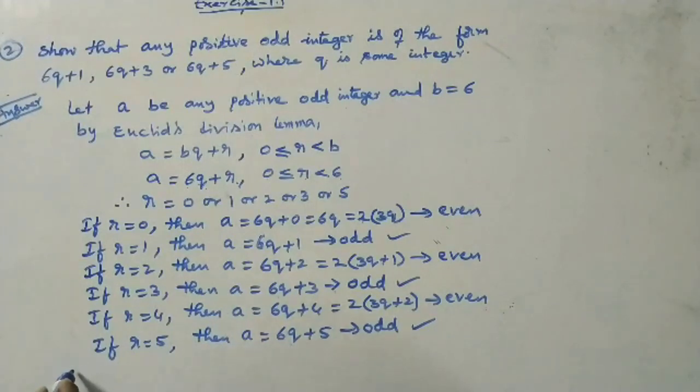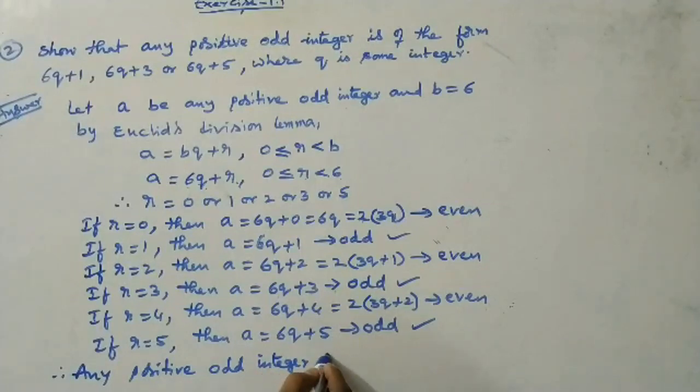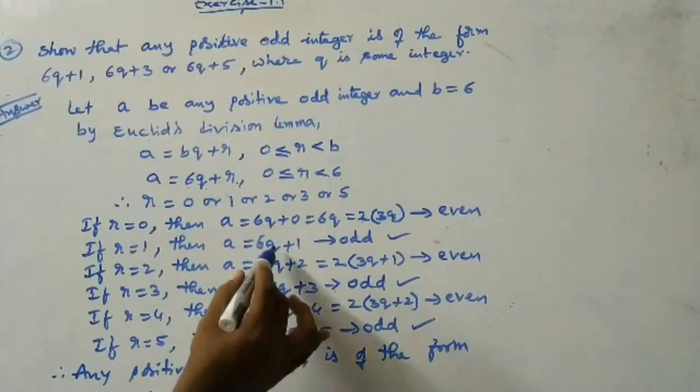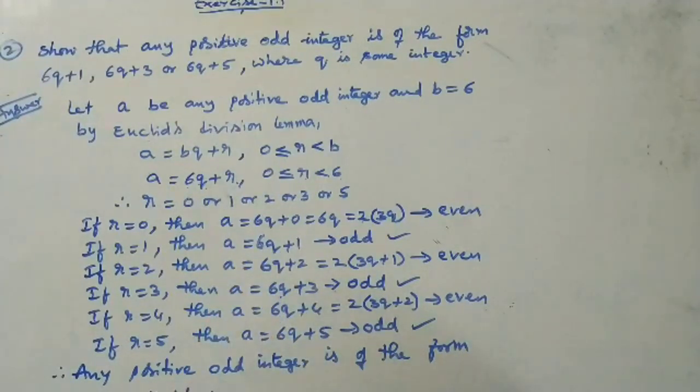So we conclude that any positive odd integer is of the form 6q plus 1 or 6q plus 3 or 6q plus 5.